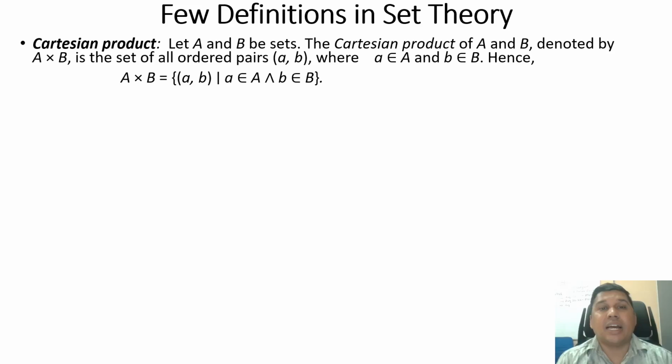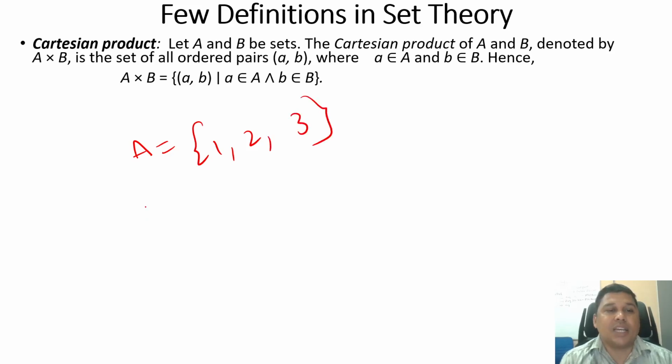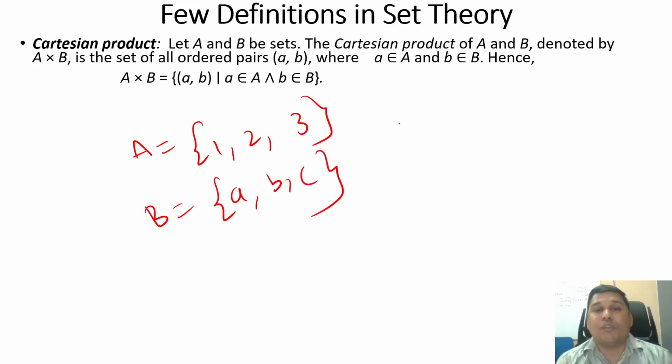A few more definitions. Cartesian product. When we have two sets A and B, we can form ordered pairs of elements. Given a set A with elements 1, 2 and 3, and given another set B with a, b, c, when you write the Cartesian product, you are forming ordered pairs of elements.